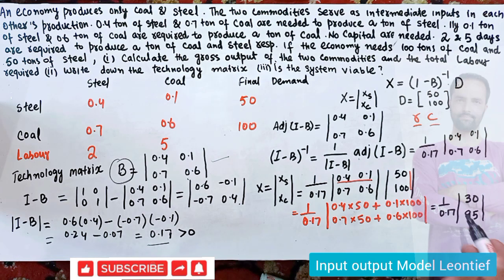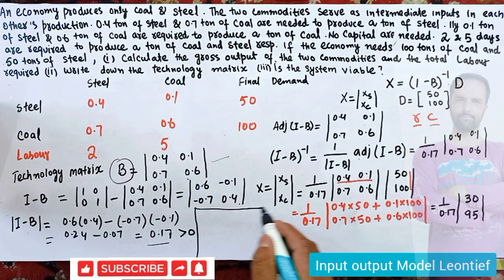So dividing it like this, let me write it here, which will come out to be 30. So this 0.17 will be divided into each of these terms. Let me write it here in clear terms. So we have 30 divided by 0.17, and 95 divided by 0.17.